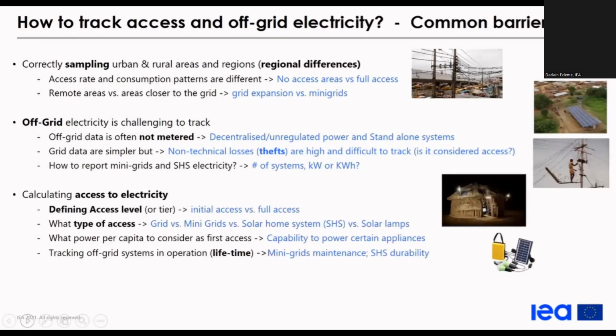Then calculating the rate of electricity access itself would involve many parameters, looking at binary information or gradual and tiered levels of access, looking at the source of access, looking at per capita power consumption, or tracking also the lifetime of equipment to ensure that access is maintained over time.